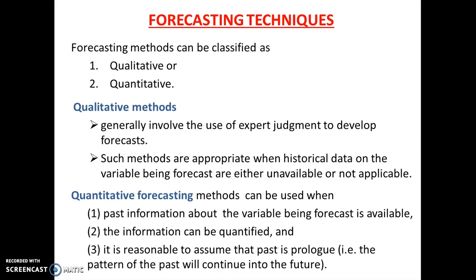Quantitative forecasting methods can be used when past information about the variable being forecast is available, the information can be quantified, and it is reasonable to assume that the pattern of the past will continue into the future. So whenever we have past information, we can go for quantitative forecasting.